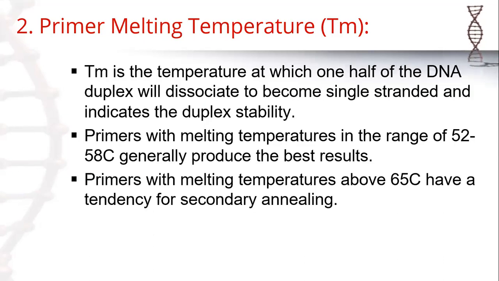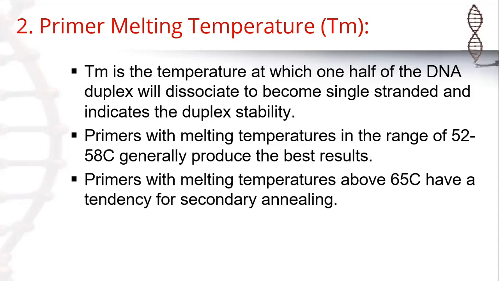And next, we will consider the primer melting temperature for designing the primers. So Tm, by definition, is the temperature at which one half of the DNA duplex will dissociate to become single stranded, and it indicates the duplex stability, when it goes from double stranded to single stranded DNA.